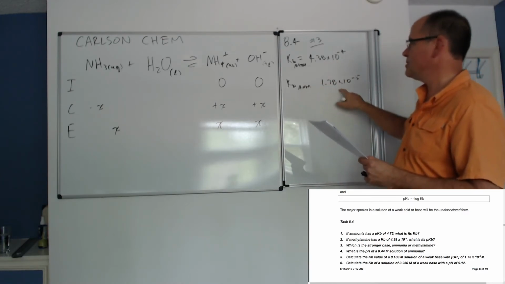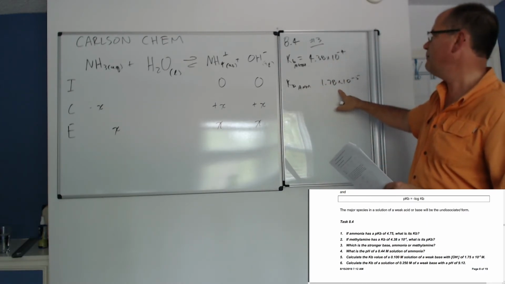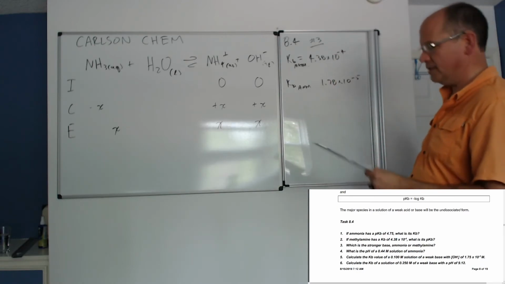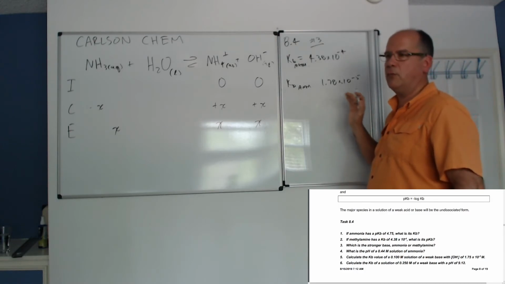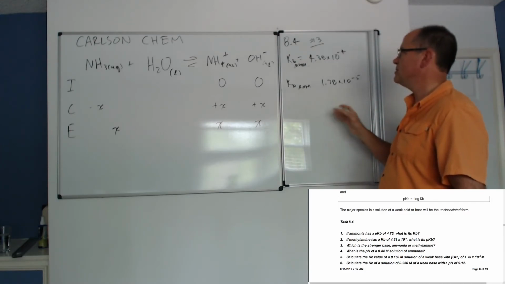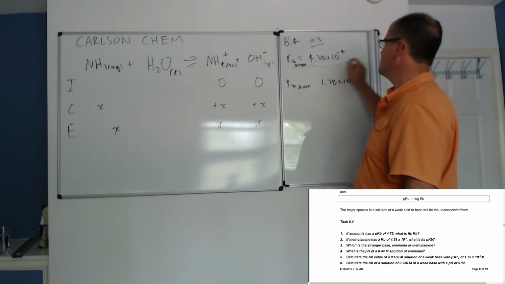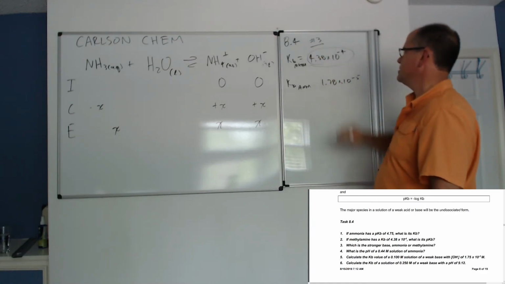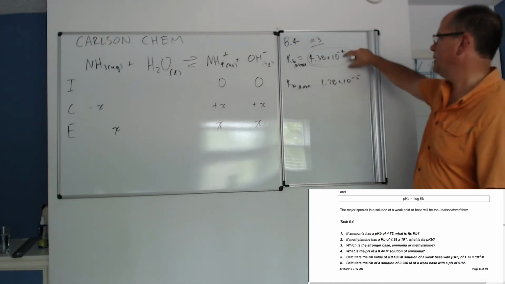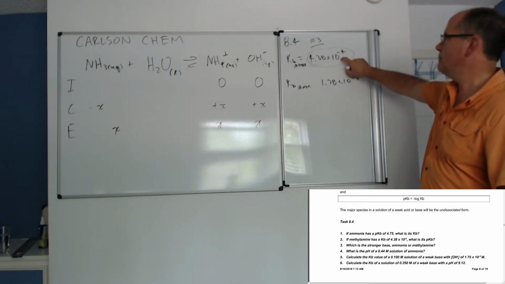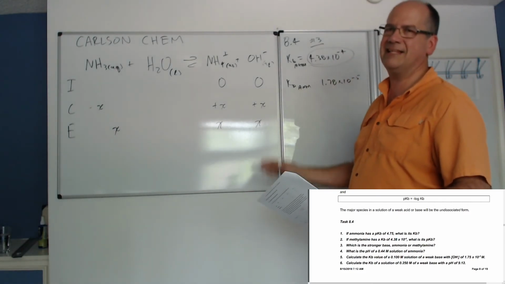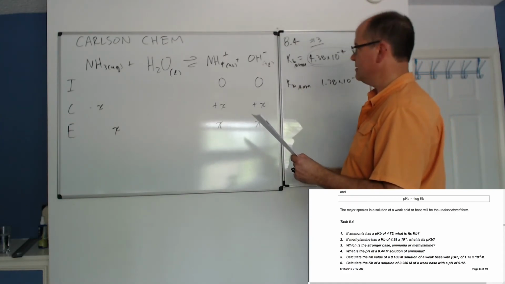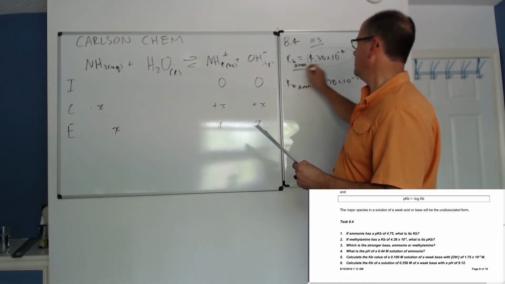Kb of ammonia is 1.78 times 10 to the minus 5. If it wants to know which is stronger, you're just asking yourself which number is bigger. Of course, it's this one, 4.38 times 10 to the minus 4, because we're looking at the exponents here. This is a larger number, so methylamine is the stronger base. This is the stronger base.